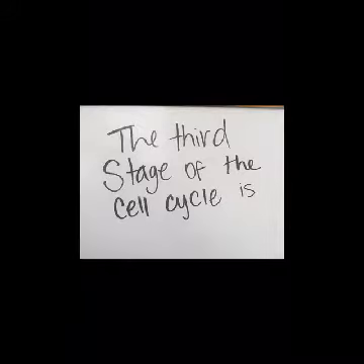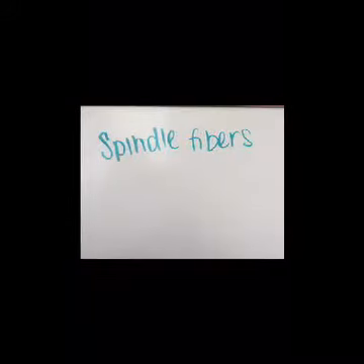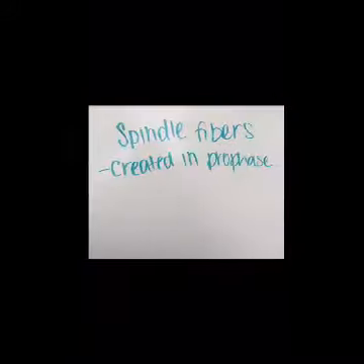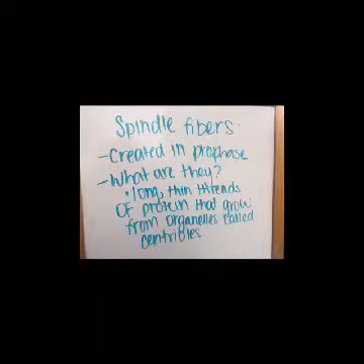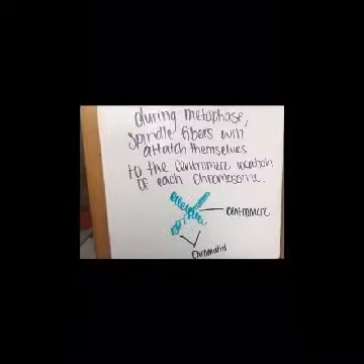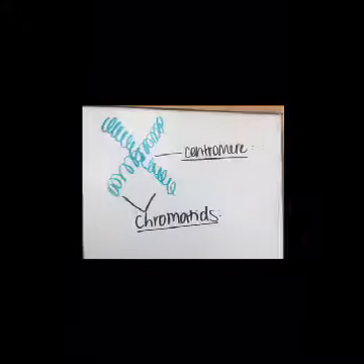The third stage of the cell cycle is metaphase. Spindle fibers were created in prophase. Remember, what are they? Long thin threads of protein that grow from organelles called centrioles. So here we have the centromere and chromatid. During metaphase, spindle fibers will attach themselves to the centromere location of each chromosome.